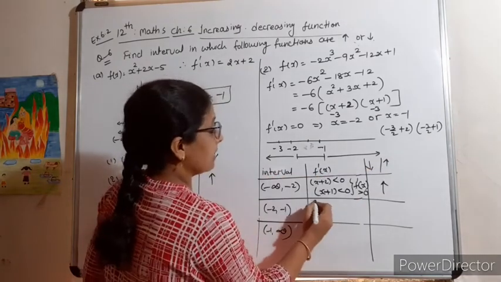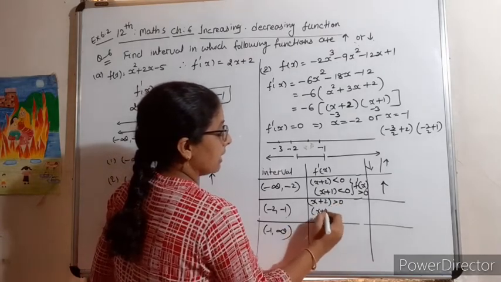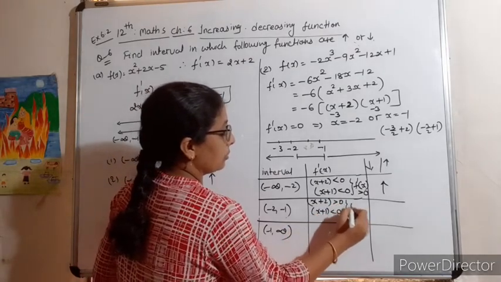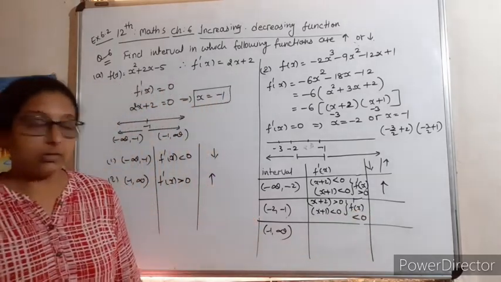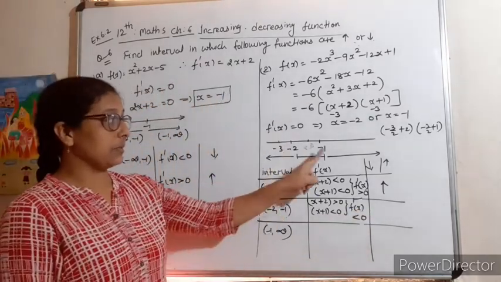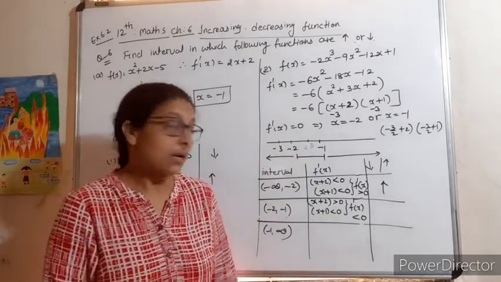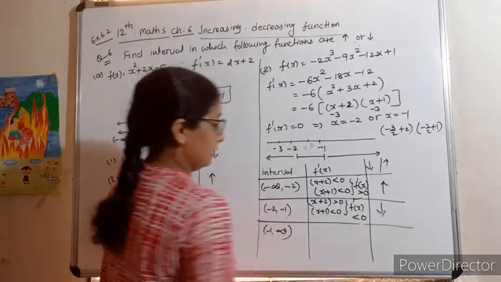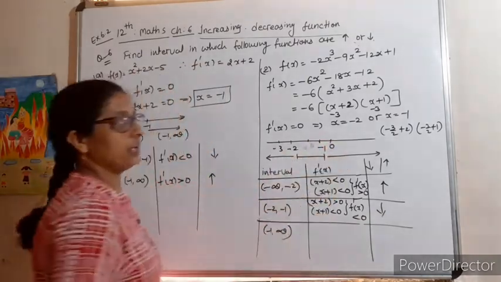So we can say that x plus 2 greater than 0, x plus 1 less than 0. एक पॉजिटिव एक नेगेटिव है तो f dash x less than 0. आप कोई भी वैल्यू लेके चेक कर सकते हैं, पर -1 और -2 के बीच में -1.5 भी लेना पड़ेगा. So that is decreasing. Now -1 to infinity can do 0.